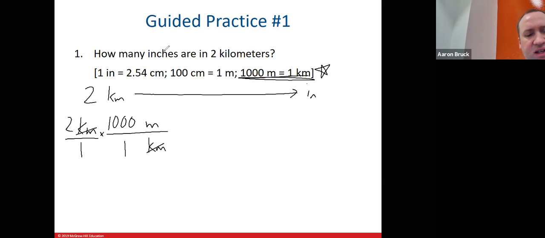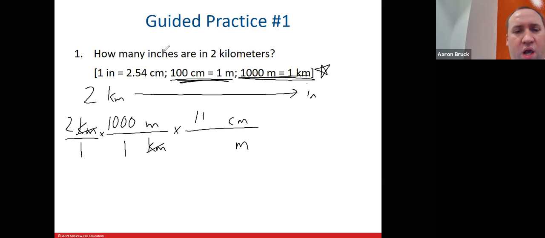My kilometers cancel out. My second conversion shows that there are 100 centimeters in every meter. Again, look how I set it up. I had meters in the numerator here. Meters will be in the denominator here so that the meters cancel.